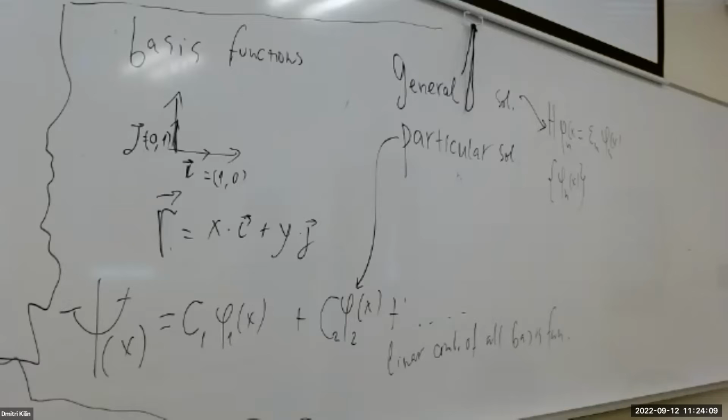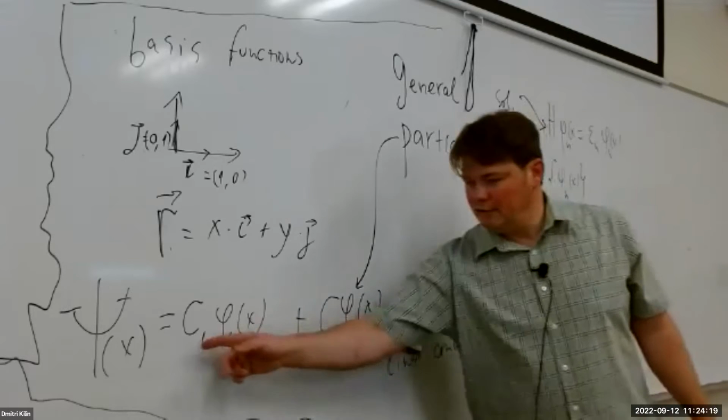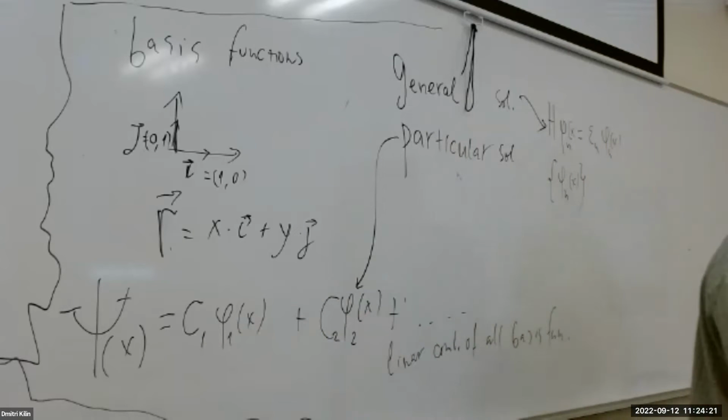And if we take specific values for coefficients C, it will be particular. Would you agree? Okay. Now our goal is to find the values of these coefficients to construct a particular solution for a specific initial condition. To have things visible, I will erase and start over.